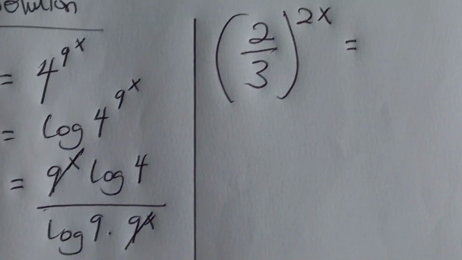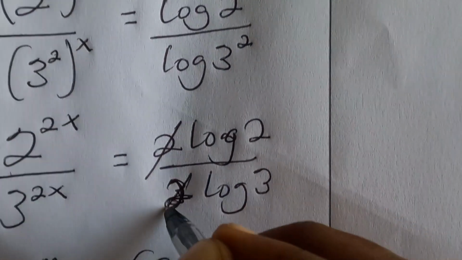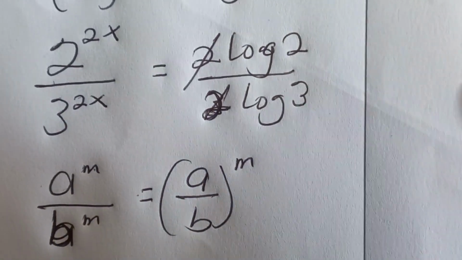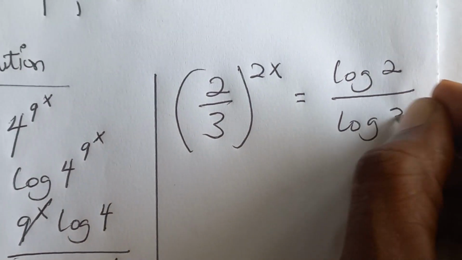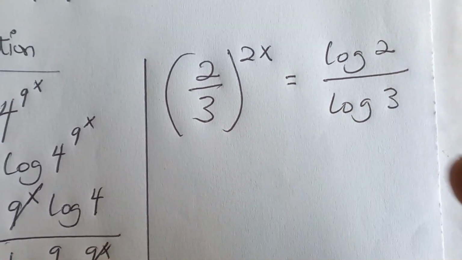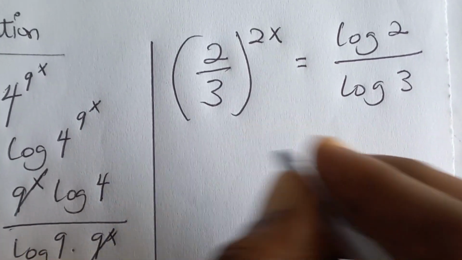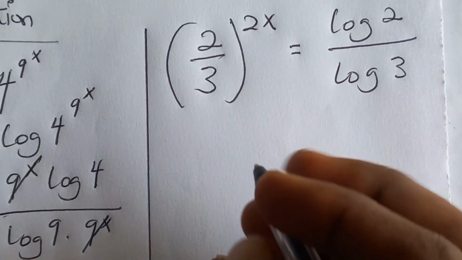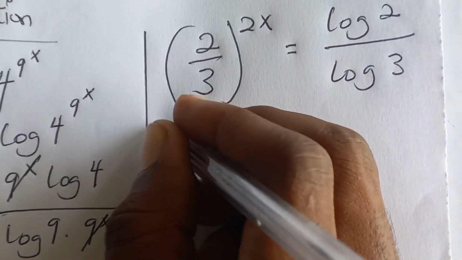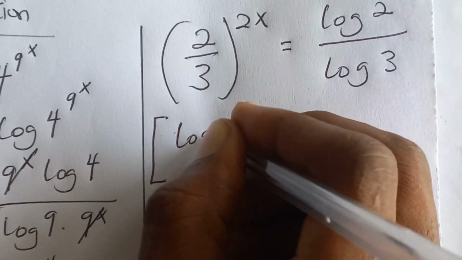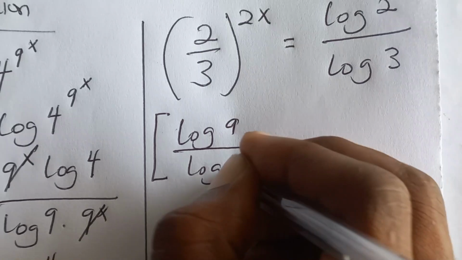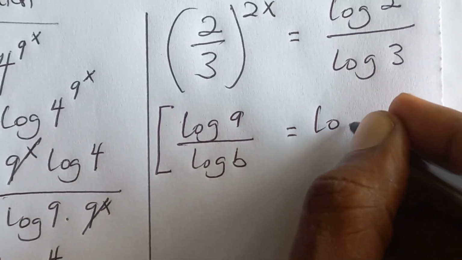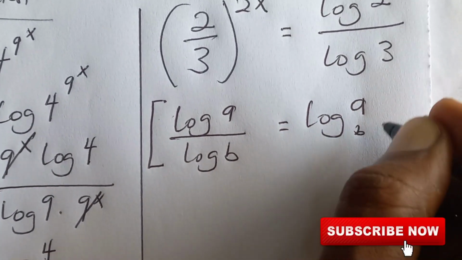from here 2 will cancel 2, we're leaving log 2 on log 3. Okay, in logarithm we can change the base, so when you have log a over log b, it is the same as log a base b.